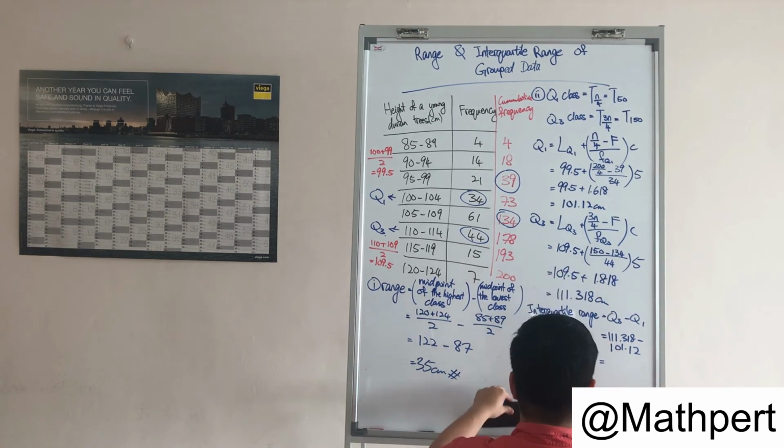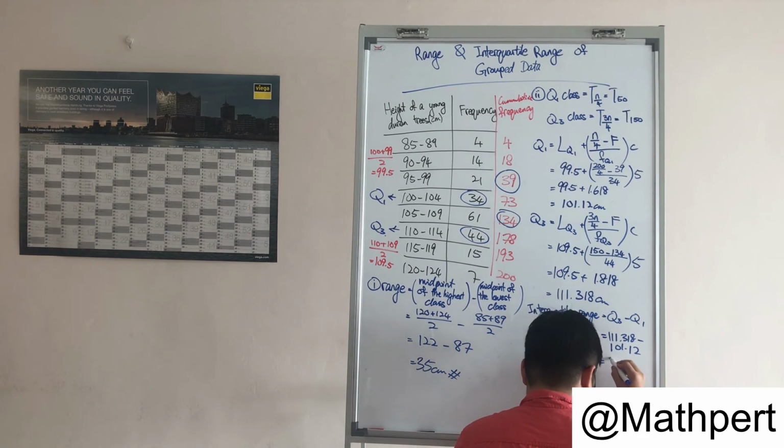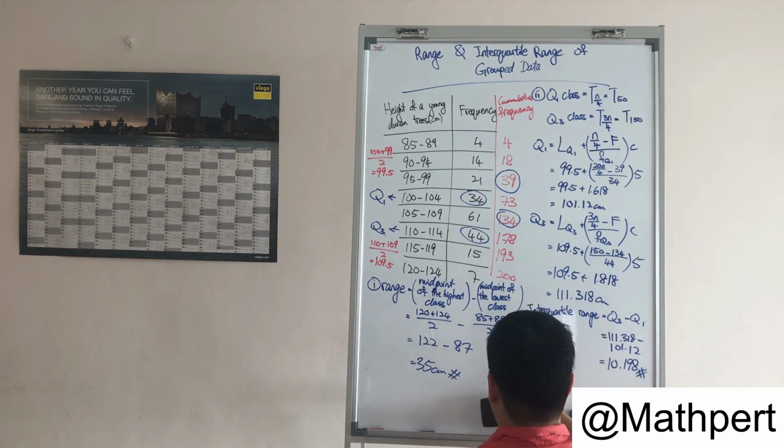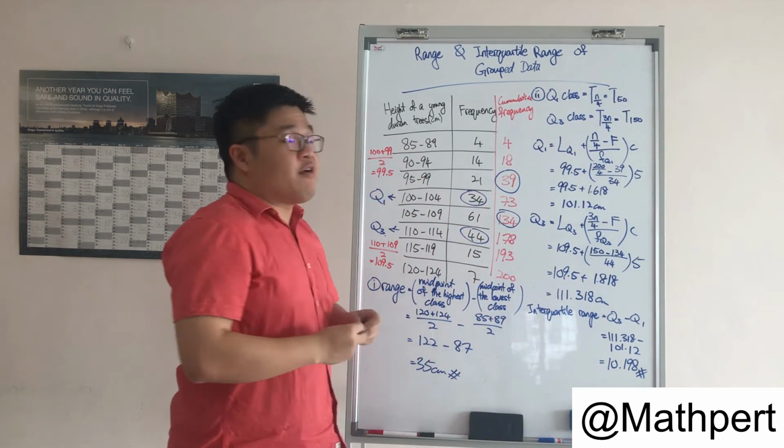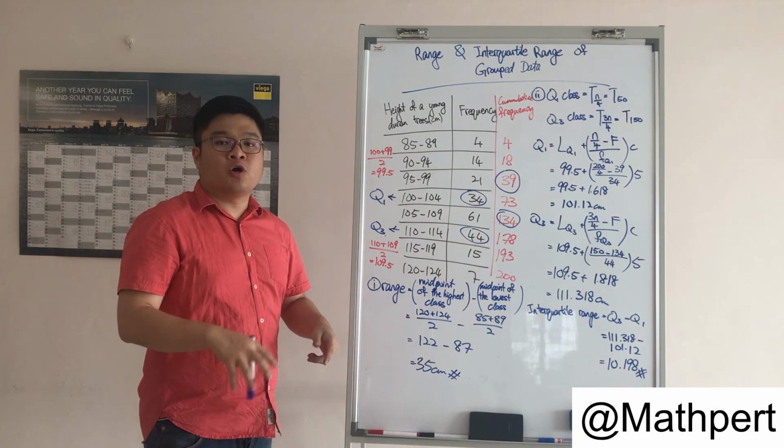How much do you get? 111.318 minus 101.12, we get 10.198. Alright? If you have any questions regarding this subtopic, feel free to comment below this video and we will further explain.